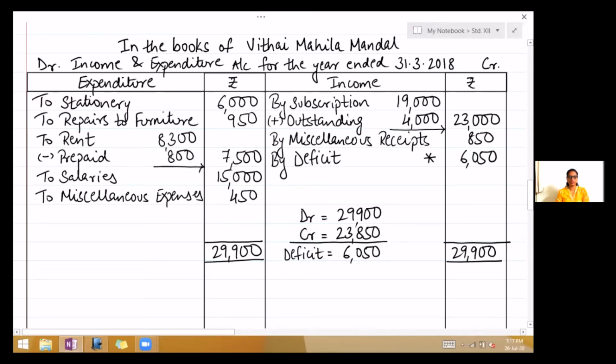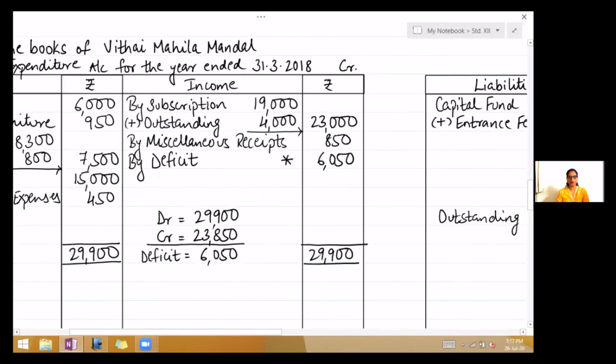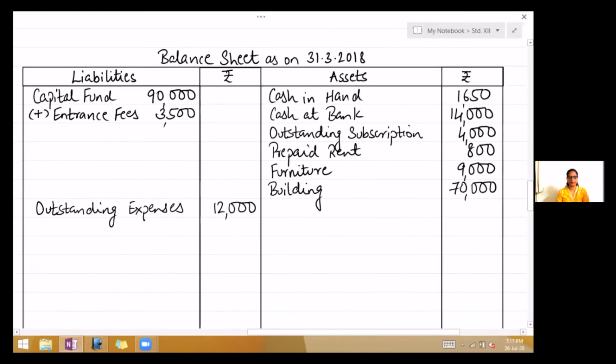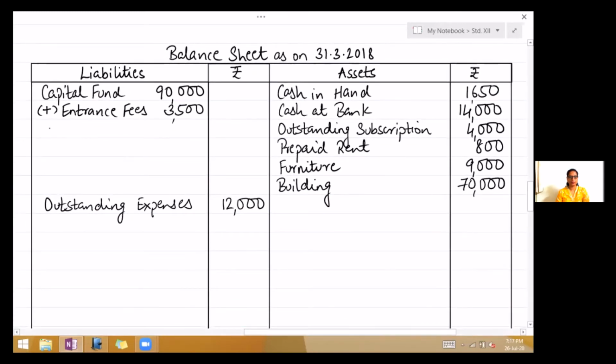Now this deficit, second effect, you will deduct from capital fund on the liability side. So balance sheet liability side, below entrance fees, write less deficit 6,050. Now add the two and deduct deficit, take it to the outer column.